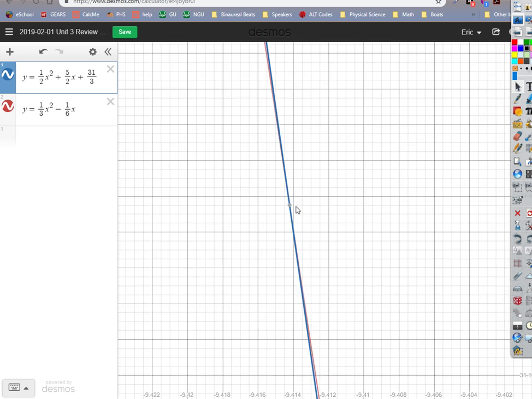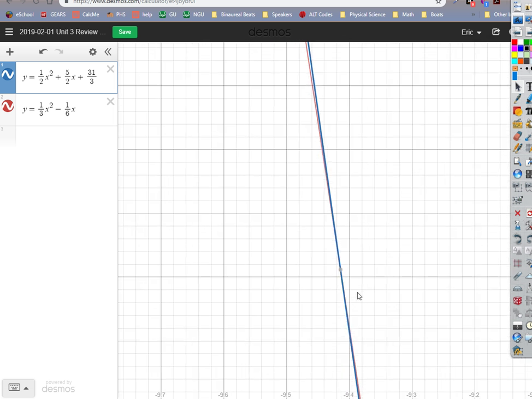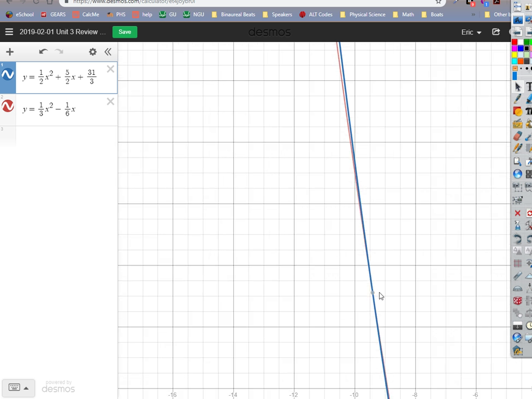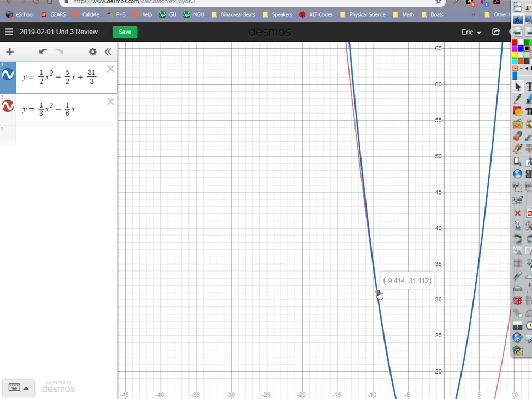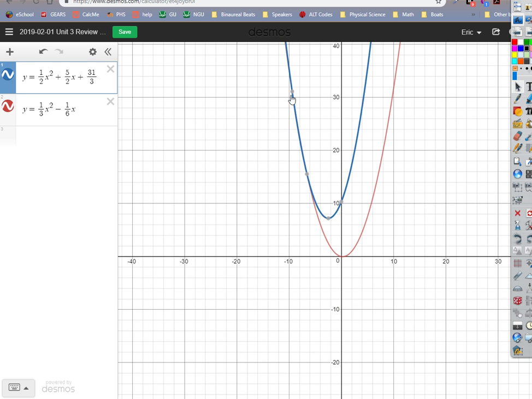Didn't need to, because I could already tell that it had to be. Boy, I zoomed way in, didn't I? Holy smokes. I already knew that those two had to be points of intersection because they're nothing else. Get the idea? Okay.